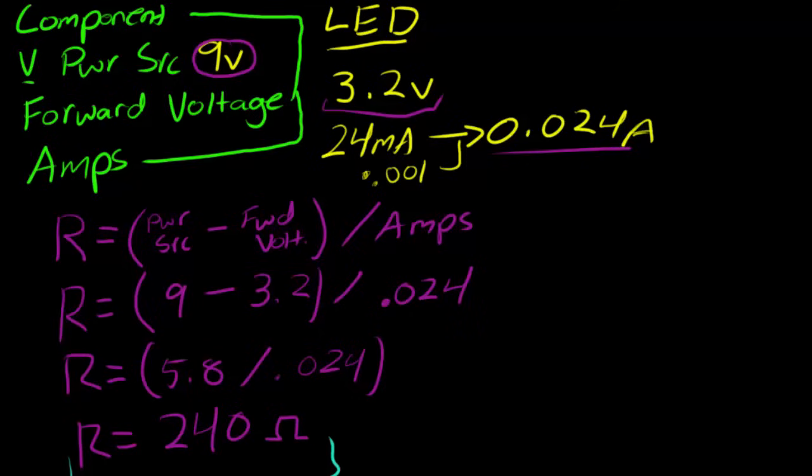Now, if I only have a 100 ohm resistor, that might be a problem. But I hope that all made sense. As long as you know what component you are trying to get the resistor value for, in our case an LED, you can look up all the other information online, your forward voltage and your amps, and obviously you know the power source because you're the one providing it, the battery, and then you can use this equation.